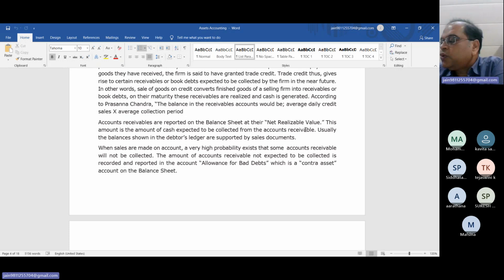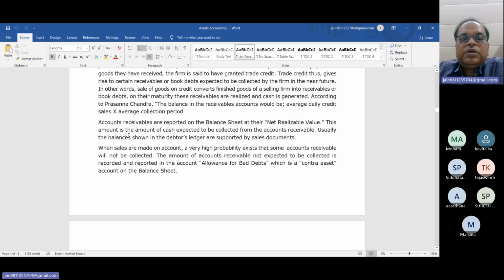You have to show 50,000 minus 2,000 bad debts minus 1,000 provision for doubtful debt. So the remaining is 47,000. Now you will record 47,000 in the balance sheet. This is called the net realizable value.